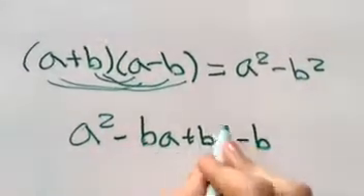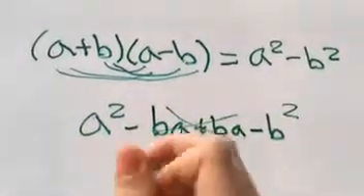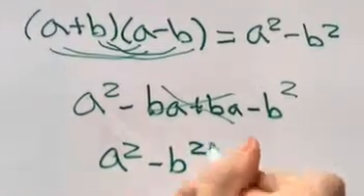Negative ba plus ba cancel out, and then you just have b squared. Then you have a squared minus b squared.